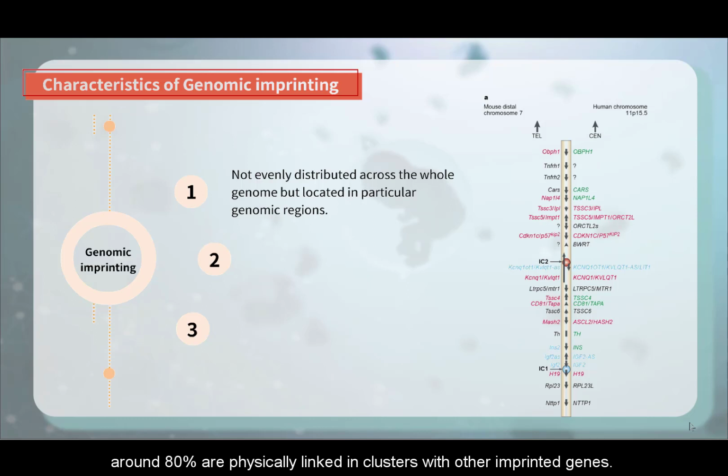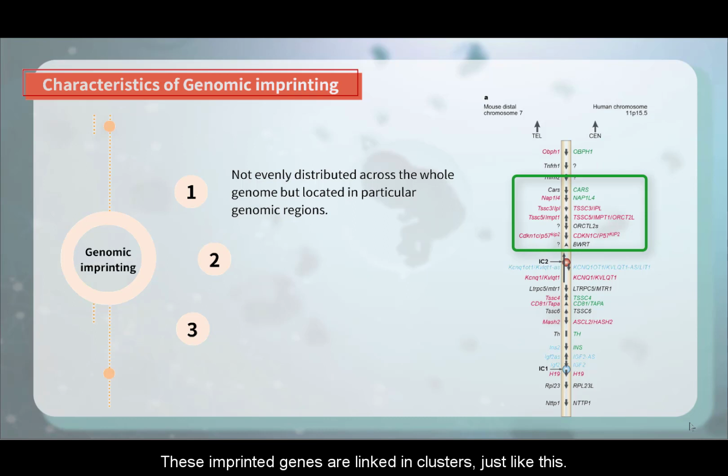Around 80% are physically linked in clusters with other imprinted genes. For example, here is human chromosome 11. Red labels maternally expressed genes, blue labels paternally expressed genes, and black labels biallelic expression. These imprinted genes are linked in clusters just like this.